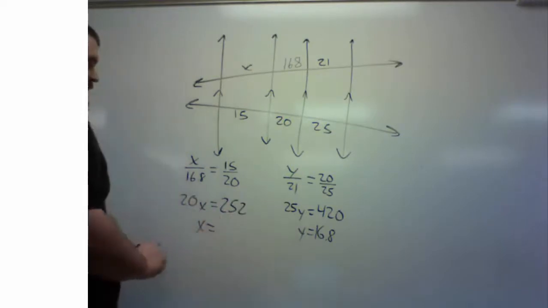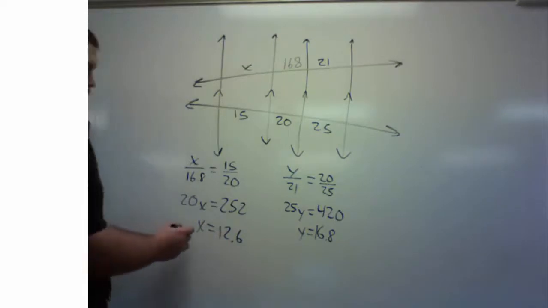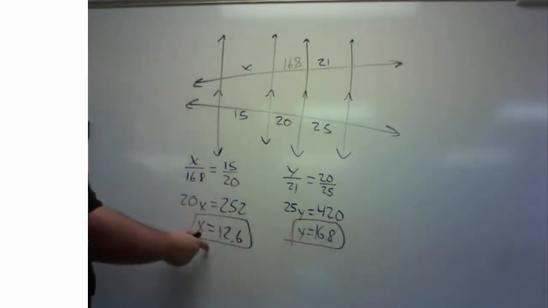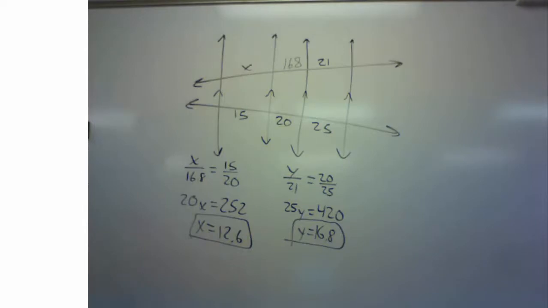Divide both sides by 20, and I get 12.6 to be x. So, if you got a different proportion, but you solved it and you got this part, you set up a correct proportion. It's just you set it up differently than me, which is fine. Just make sure that you get this right answer.